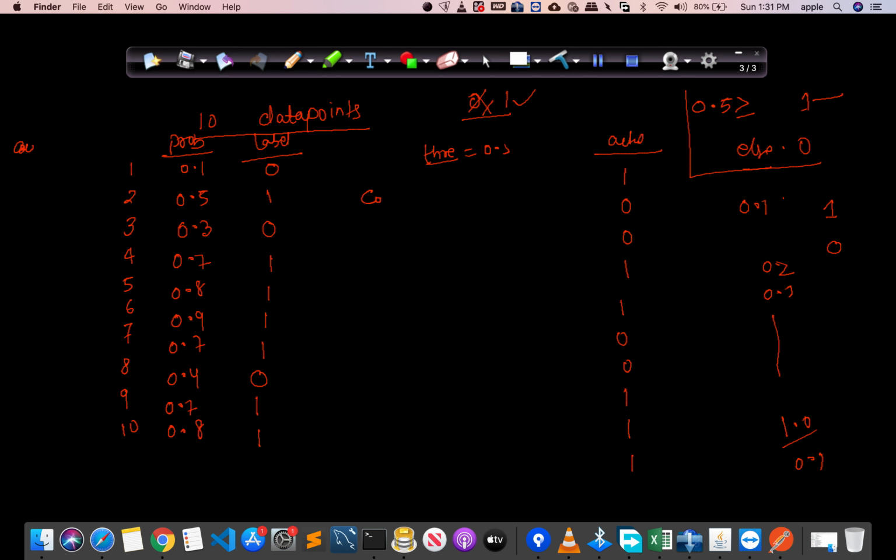Okay, how many points are correctly classified? This is incorrect, this is incorrect, this is correct. So this is correctly classified, this is correctly classified, this is correct, this is incorrect, this is incorrect, and this is incorrect, and this is correct, and this is correct. So how many? 1 2 3 4 5. 5 points are correctly classified.